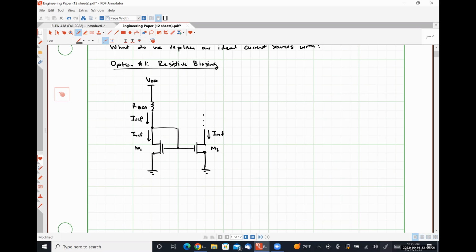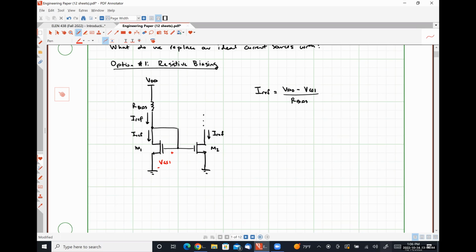Okay. So we can figure out what this reference current is going to be in terms of our bias resistor simply by using Ohm's law. So using Ohm's law, our reference current, IREF, is going to be nothing more than VDD minus VGS1 over R bias. And just to be clear that everybody's on the same page, this is our voltage, VGS1.